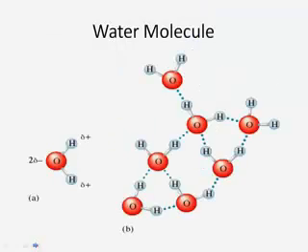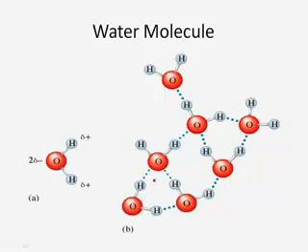So here's just another visualization. One thing to notice is that the hydrogen bonding combined with the bond angle that we see in a water molecule makes for a very open crystalline structure when it forms a solid.